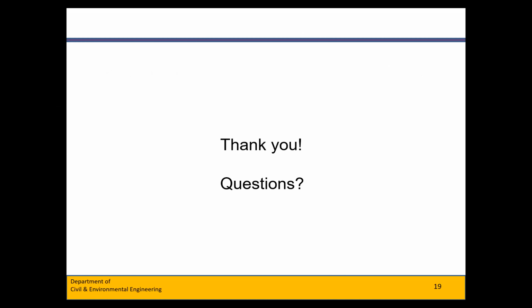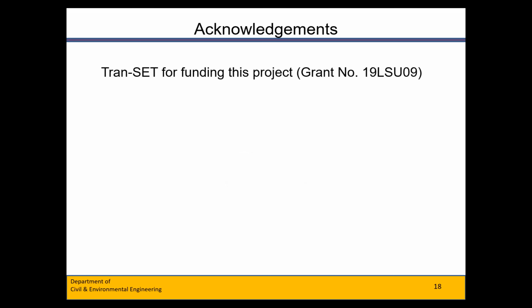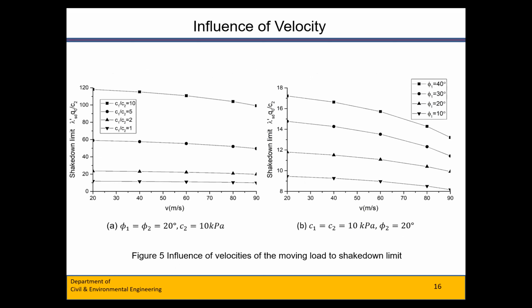Okay, yes, I've got a question. As the velocity increased, you showed that the limit decreased. But normally with viscoelastic materials, when the loading is occurring faster, the material is stronger. Why do you think this is?